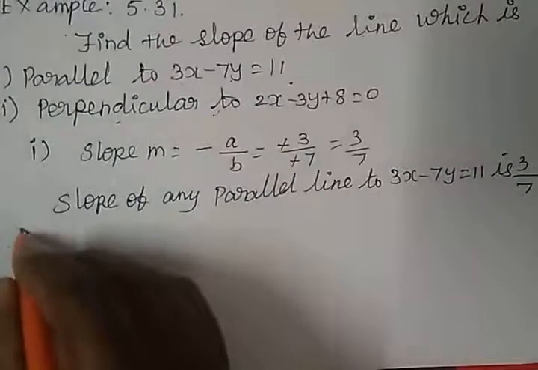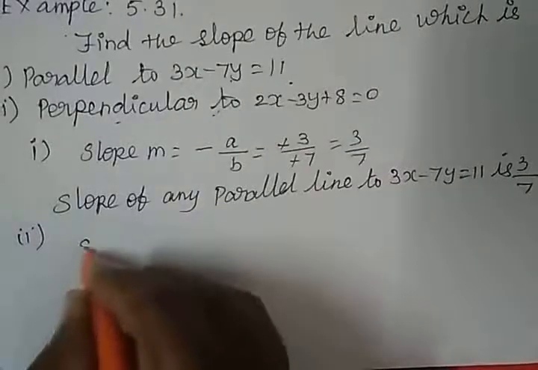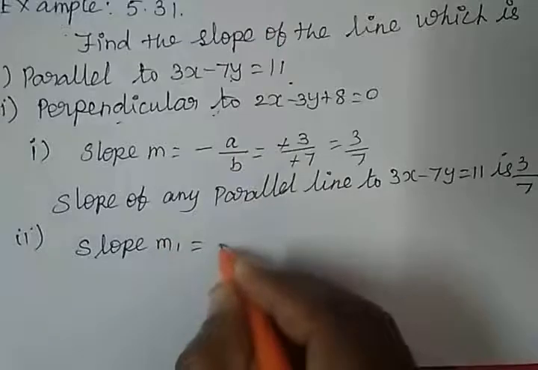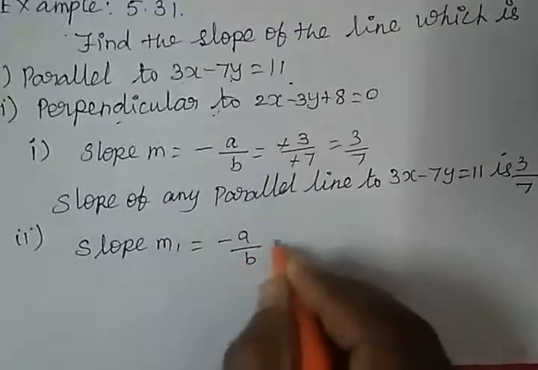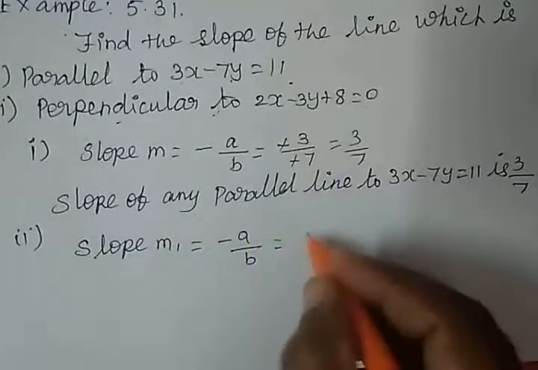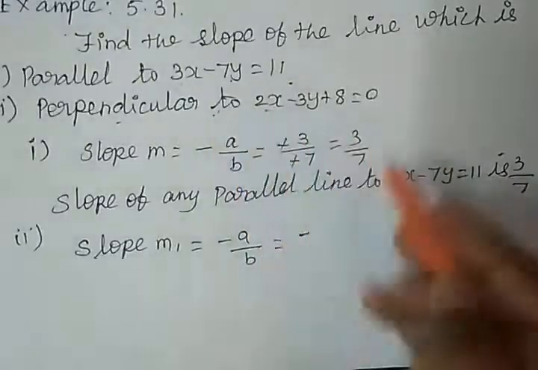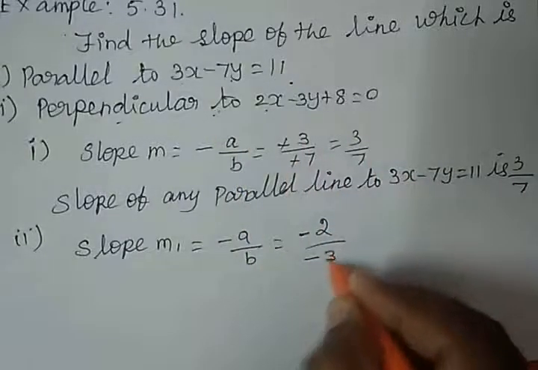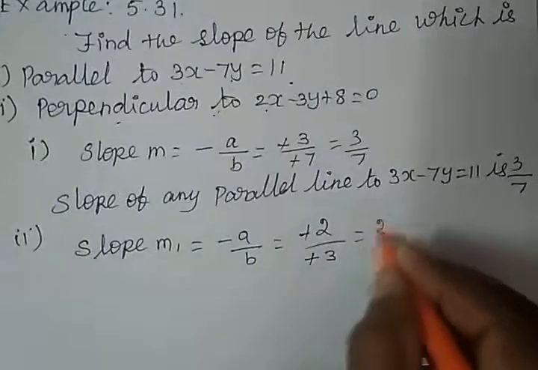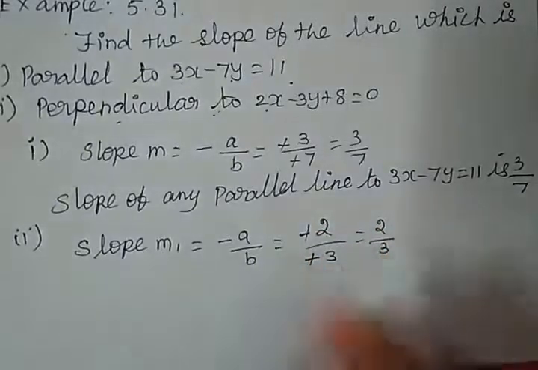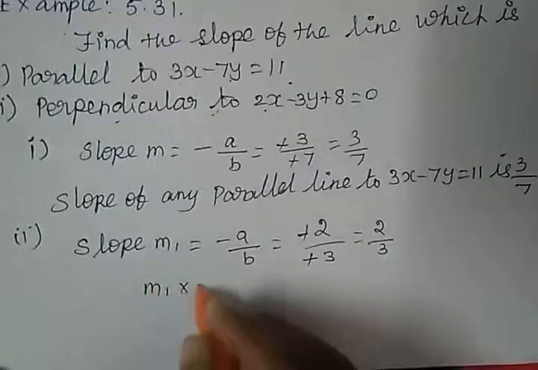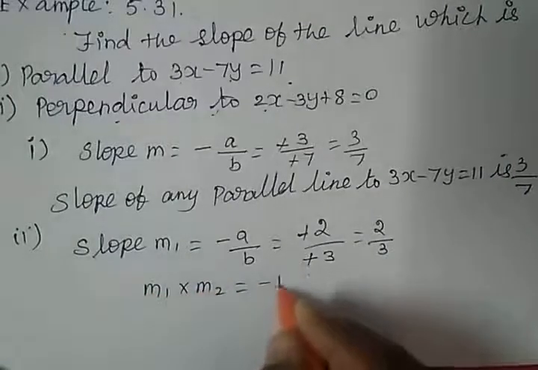The next one, they are asking for the slope of a perpendicular line. The slope m1 is equal to minus a by b. For the second line, minus coefficient of x is 2 by coefficient of y is minus 3. So minus minus cancel, 2 by 3. So this is m1. Now find m2: m1 into m2 is equal to minus 1.